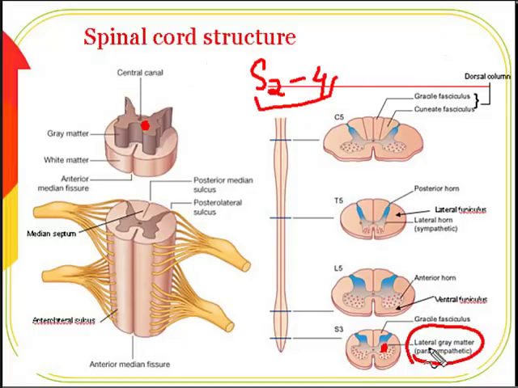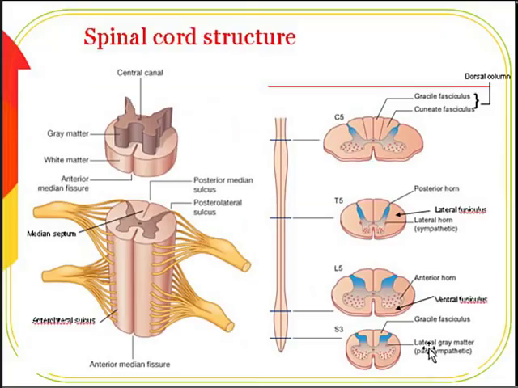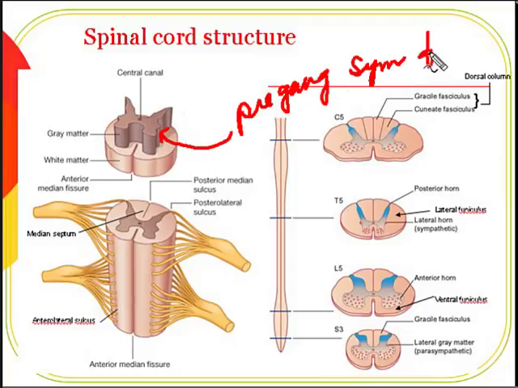Now, in the thoracic and lumbar regions of the spinal cord, the upper lumbar regions, you have an additional horn present laterally, and that's known as the lateral horn. And that lateral horn belongs to the sympathetic nervous system. So it gives rise to the preganglionic sympathetic fibers, just as those sacral ones gave rise to the preganglionic parasympathetic.